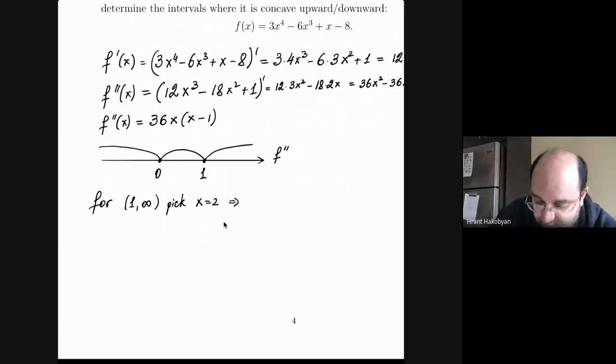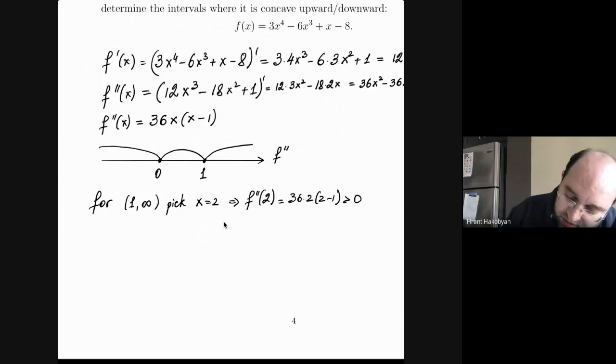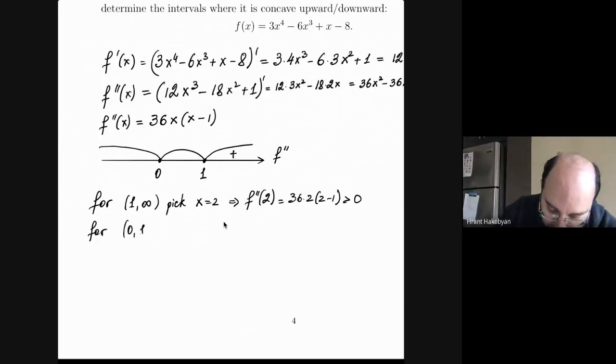If I do that, then I get f double prime of 2, which is equal to 36 times 2 times 2 minus 1. Well, that's positive. So the second derivative is positive in all of this interval here. Similarly for the interval 0 to 1, what can I pick?